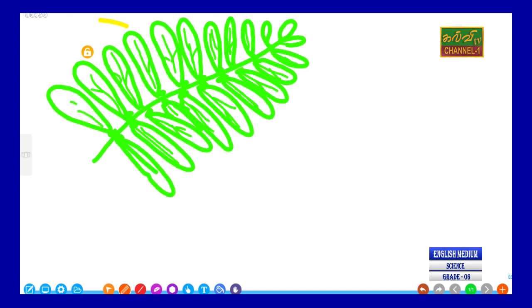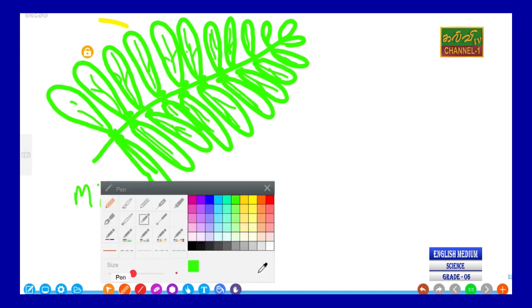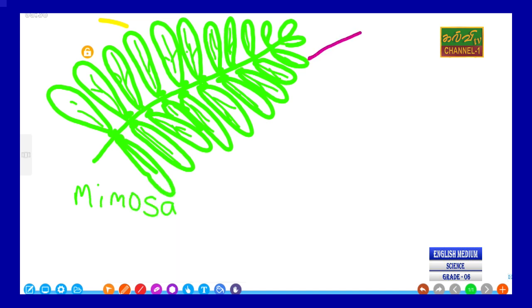This is the mimosa plant. When you touch this plant, what is going to happen?